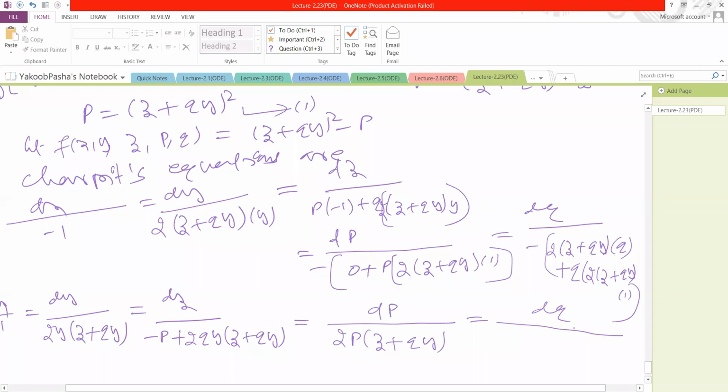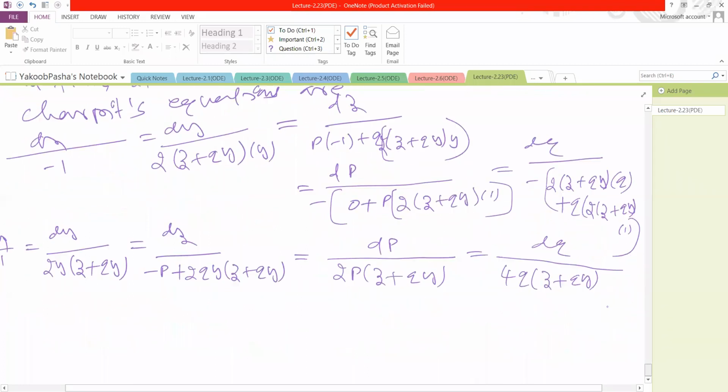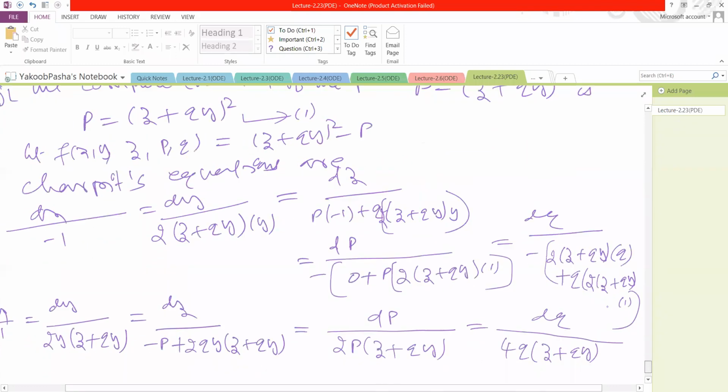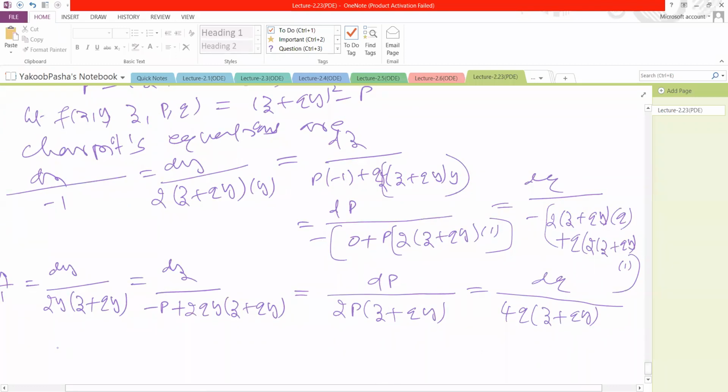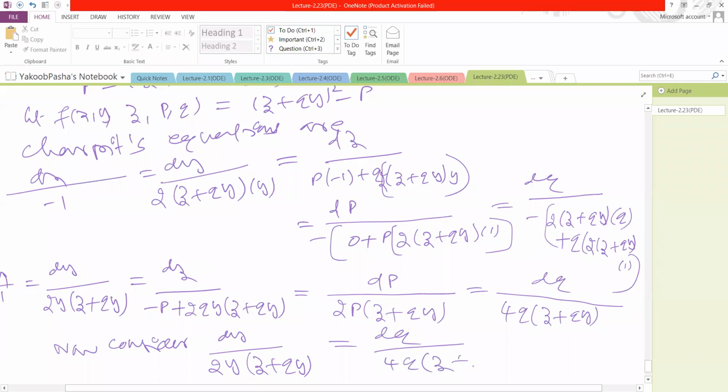So we get 4q (z plus qy). So now I consider dy by 2y into (z plus qy) is equal to dq by 4q into (z plus qy).